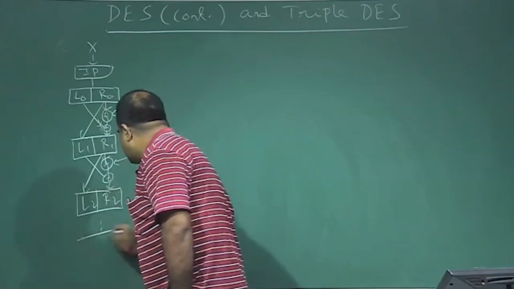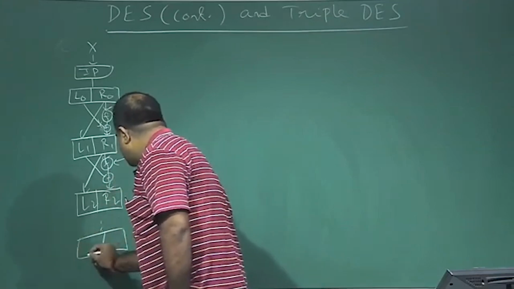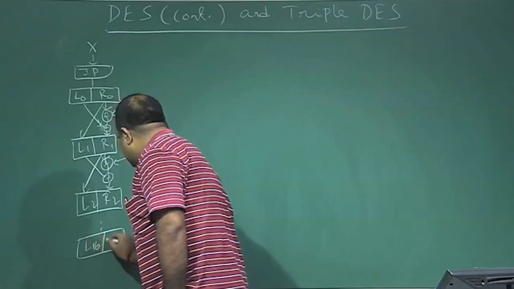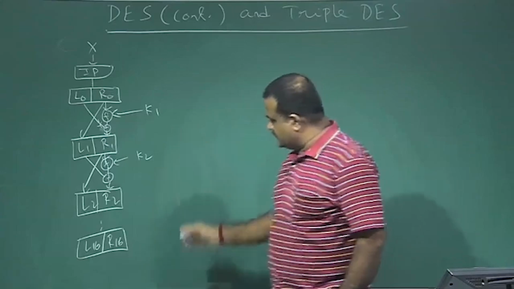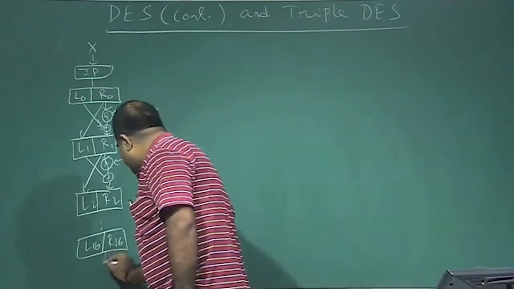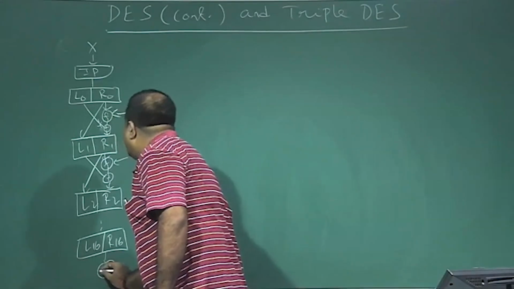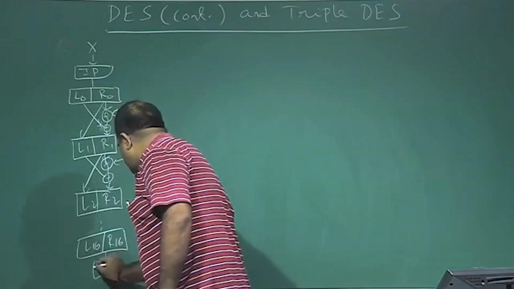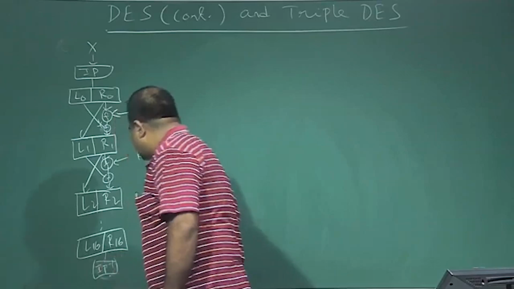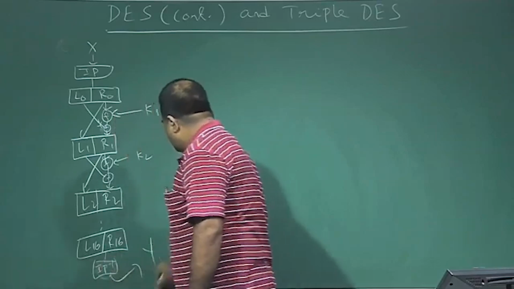This way we continue up to L16, R16. So 16 Feistel rounds we apply, then finally we apply the IP inverse and we get Y, the ciphertext.